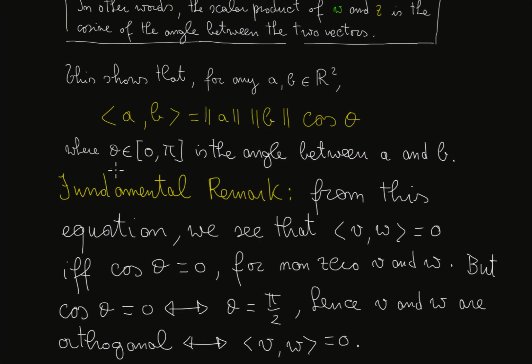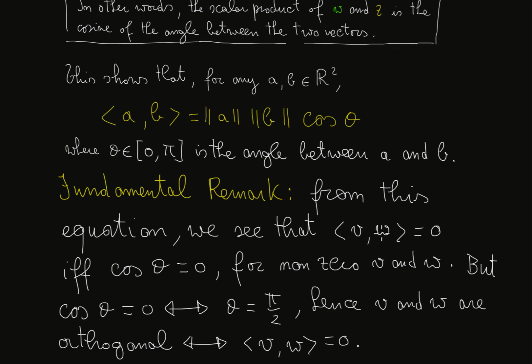We have two very important remarks to finish up the lecture. The first one we call fundamental. From this equation, we see that the scalar product between v and w is 0 if and only if cosine of theta is 0. We are assuming both of these vectors to be non-zero. If one of the two vectors is the zero vector, of course, the scalar product will be 0.